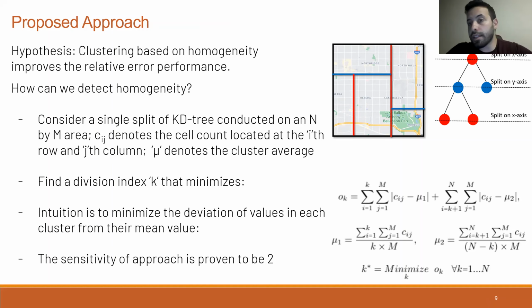Ideally, among the candidates that we have, the one which provides the highest homogeneity is selected for further partitioning. We prove in the paper that the sensitivity of our approach is upper bounded by 2.